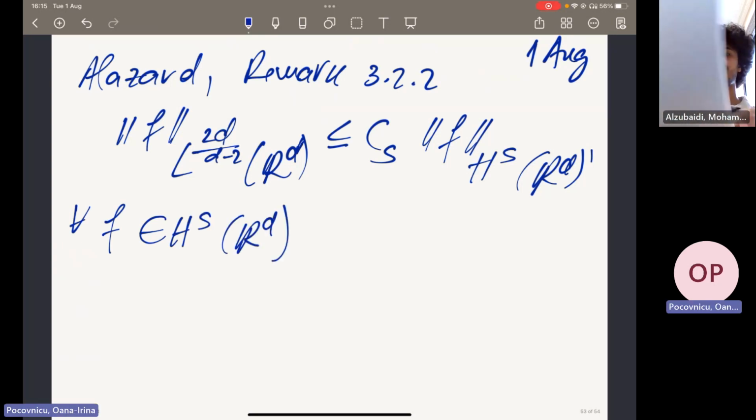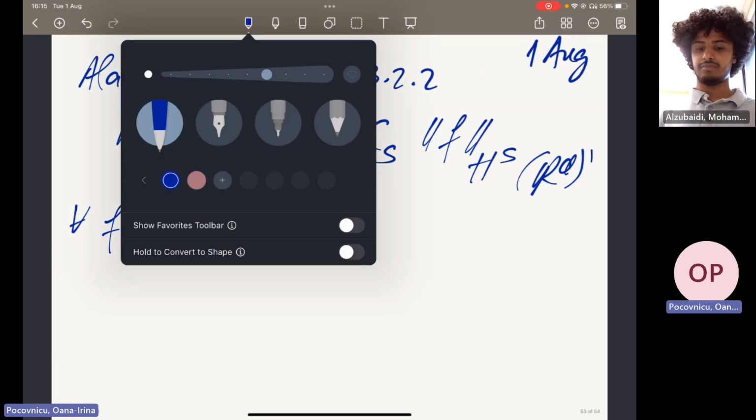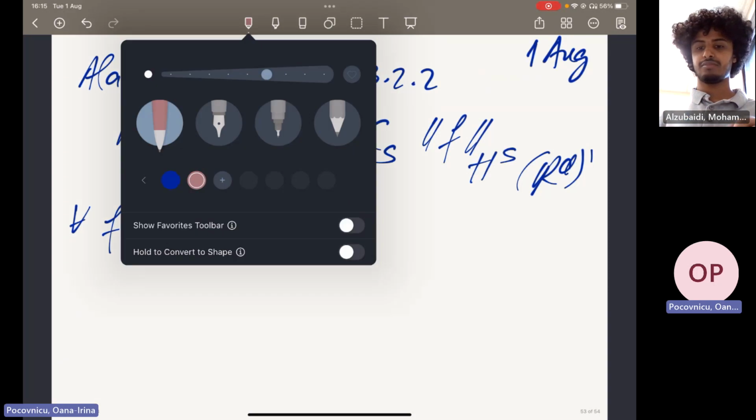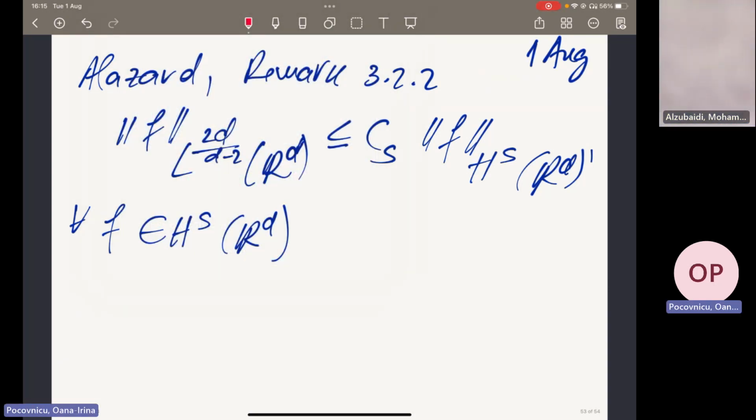Okay, so what does this tell us? It tells us that if we know that f is in H^s, or in other words, we know that this H^s norm is finite, right? Let me write it this way.